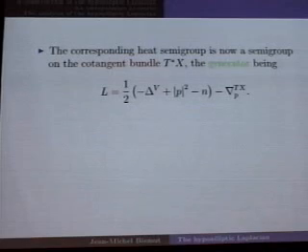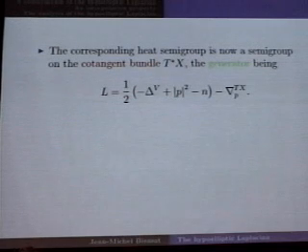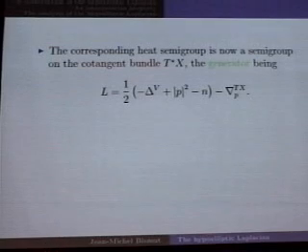It has two pieces. It's essentially a harmonic oscillator along the fiber, and it also has an x component, which is this nabla p, tx. You should think of this term as being the generator of the geodesic flow on the cotangent bundle.